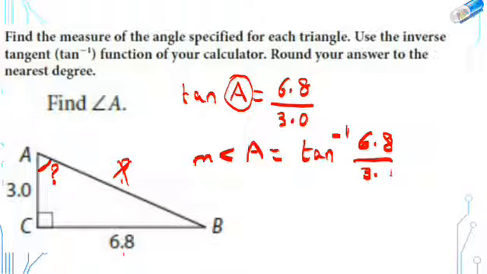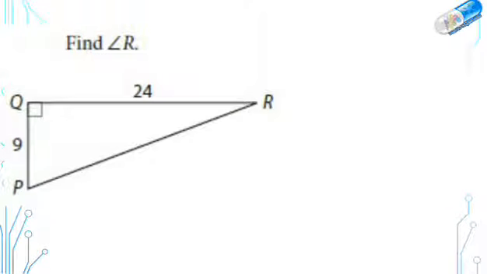And we have a button on the calculator that makes tan inverse. Tan inverse means what is the angle whose tan is 6.8 over 3. So we do this on the calculator, and we will find out that the measure of angle A is equal to 66 degrees.